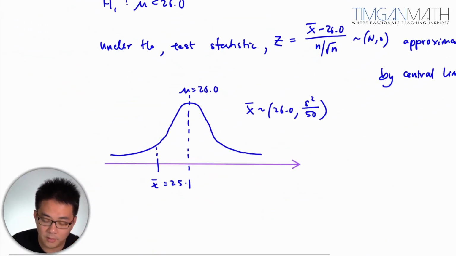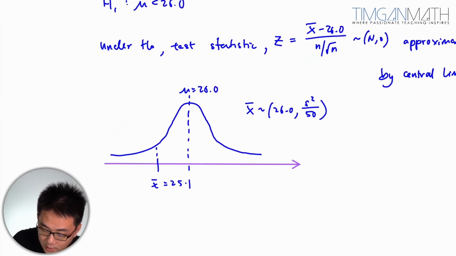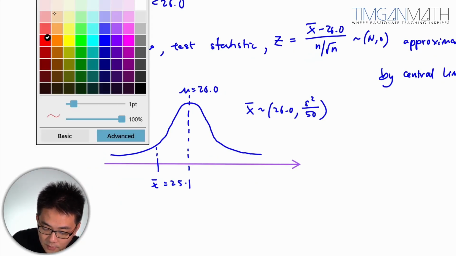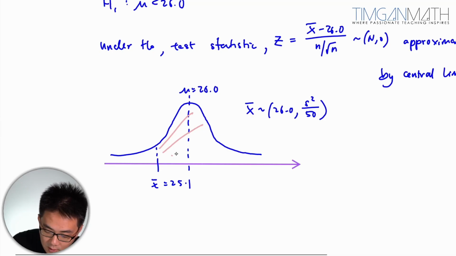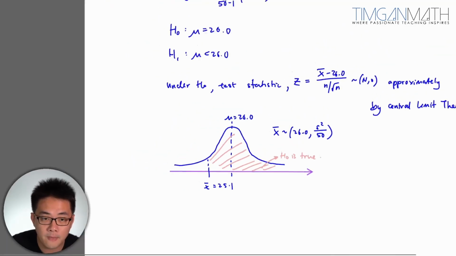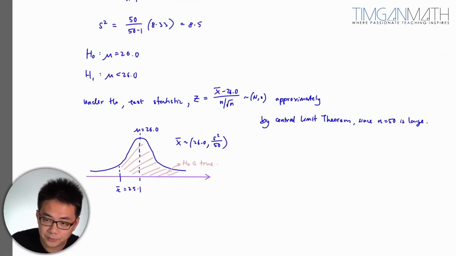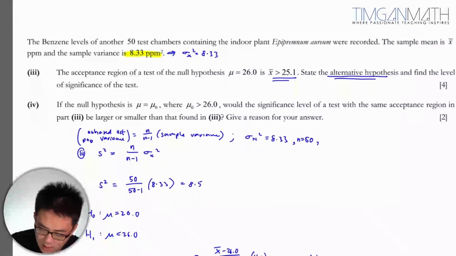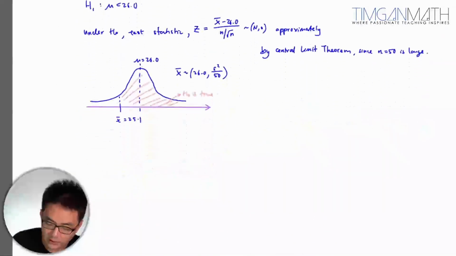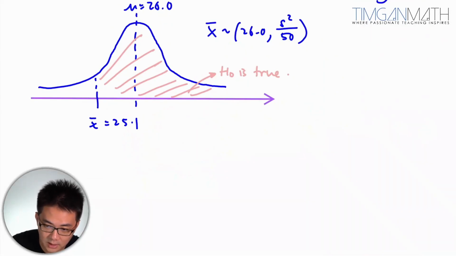So this is the region when H0 is true, and what we want is to find the significance level. The significance level would be this side here.